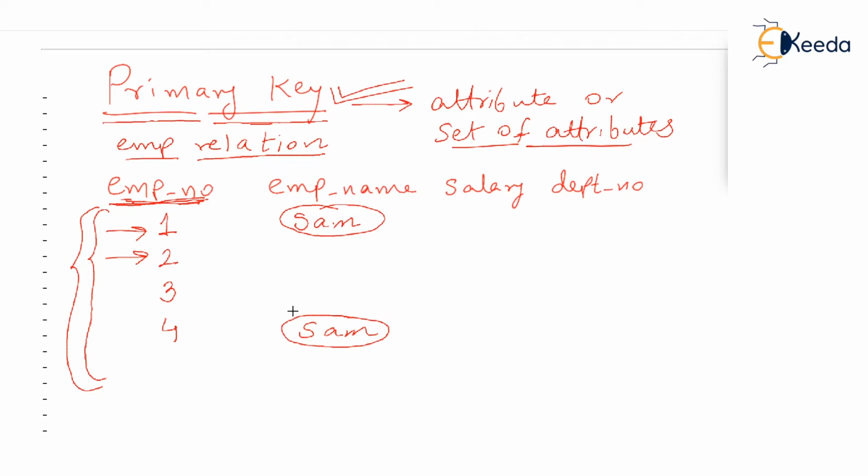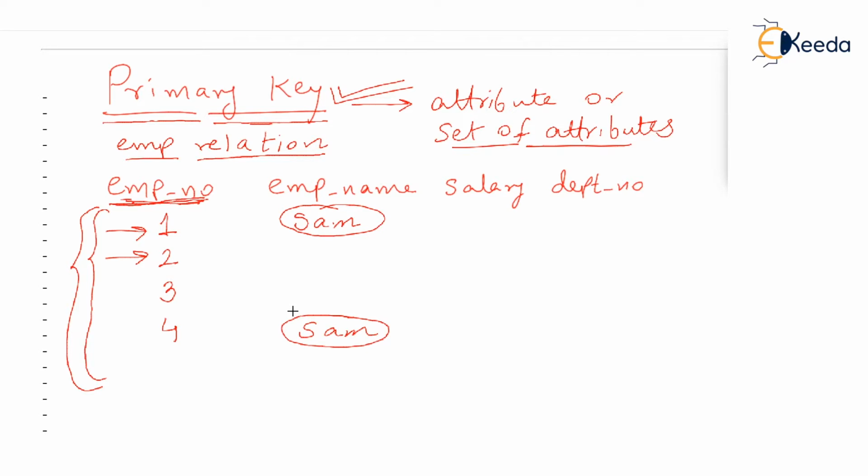Secondly, we don't want the employee number value to be null for some employee. That means primary key is such a column which has unique values, and we cannot have the employee number empty for some employee. If there is an employee in the company, then that employee must have an employee number.